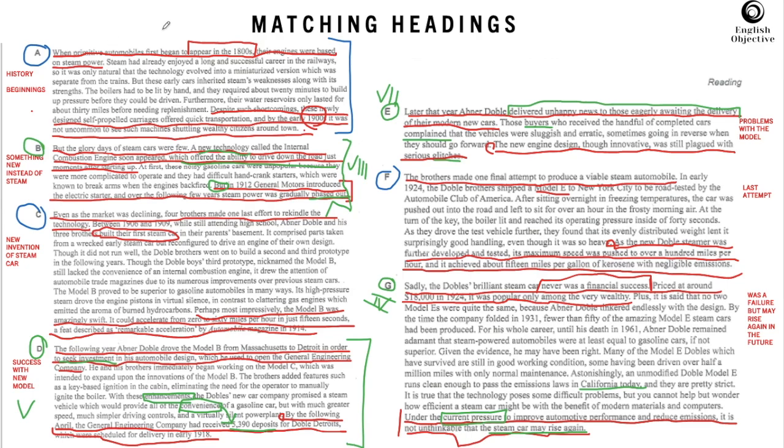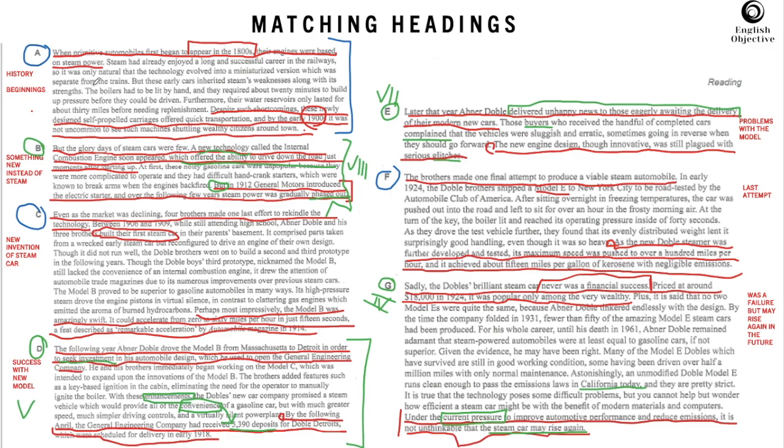When primitive automobiles first began to appear in the 1800s, their engines were based on steam power. Steam had already enjoyed a long and successful career in the railways, so it was only natural that the technology be adapted for vehicles separate from the trains.